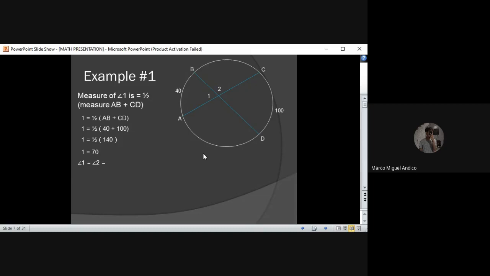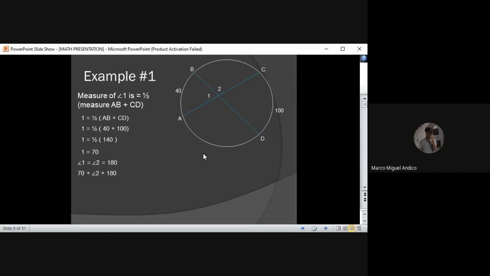So yan 180 po. So ilalagay ko po yung value of angle 1, 70. So parang transpose po yung 70 sa 180. So maggaganon po siya. So parang 180 minus 70.